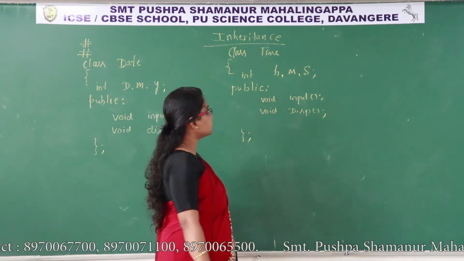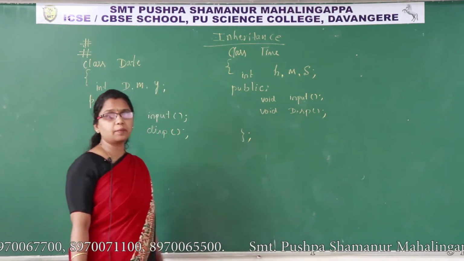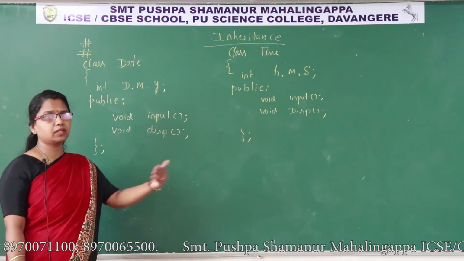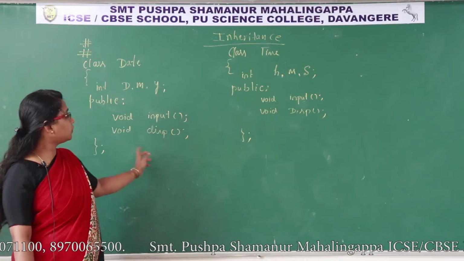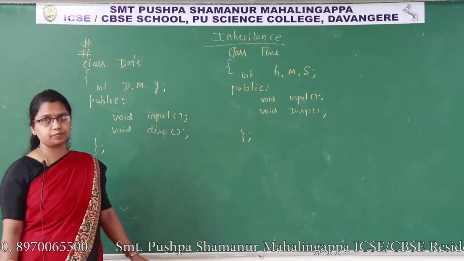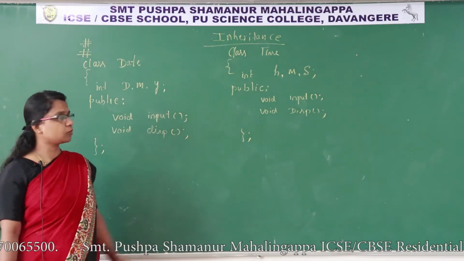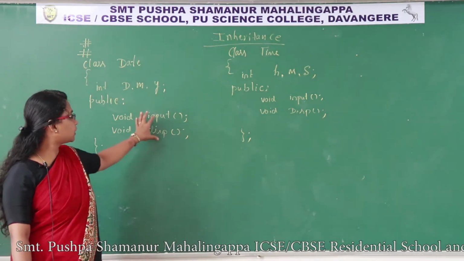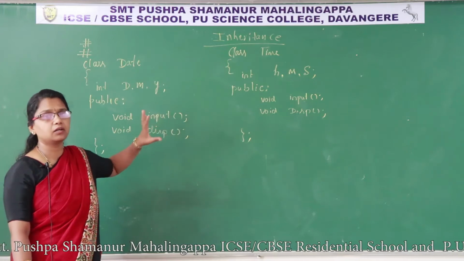I want to access date and time simultaneously, one by one. So now I want to input the date, and after that I want to input the time. So we need to create these two classes, create objects of these two classes, and access the particular class members through that particular object.